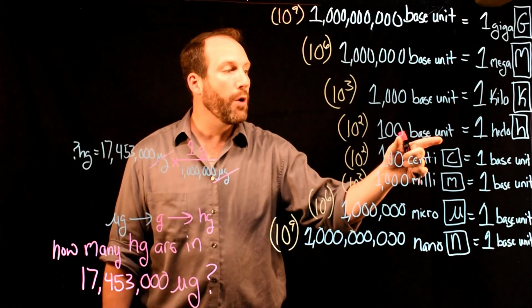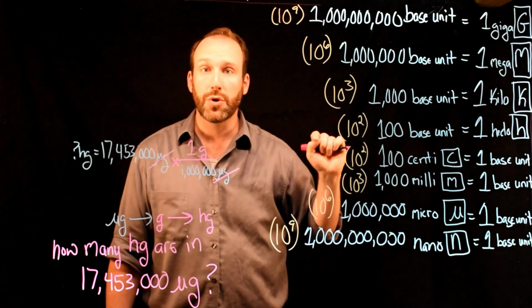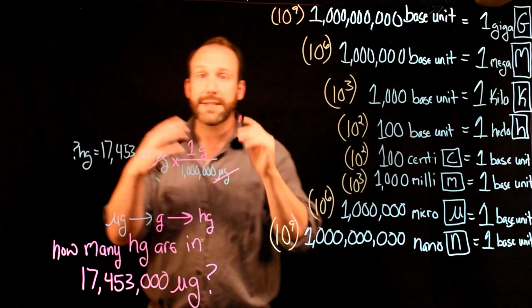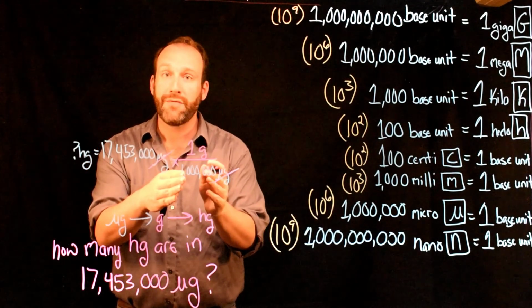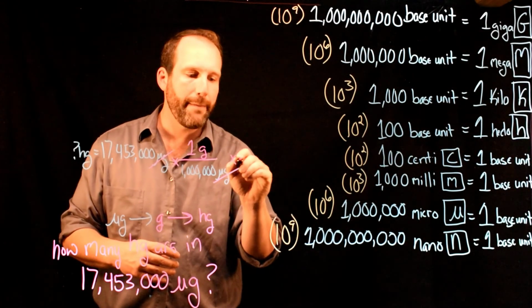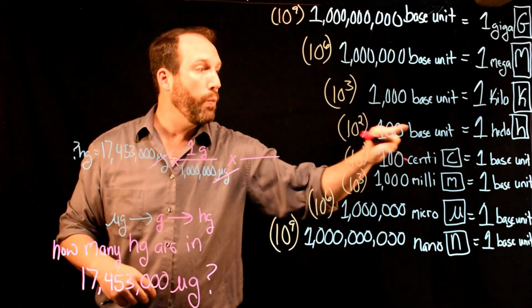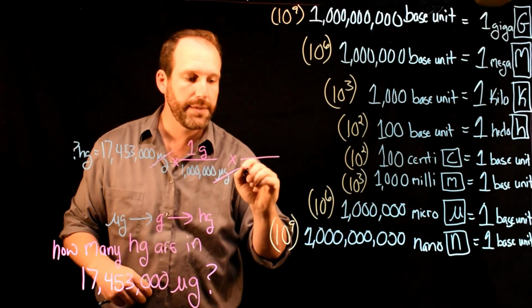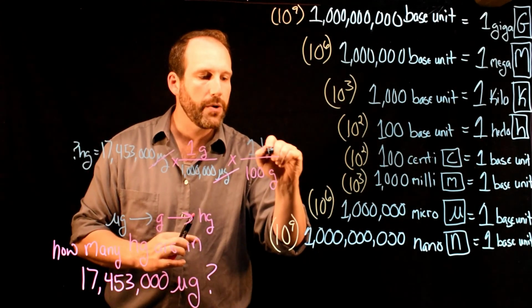We know that there are 100 grams in 1 hectogram. So we can set up one more of these conversion factors. We're going to multiply by a fraction in which we say that 100 grams is equal to 1 hectogram.